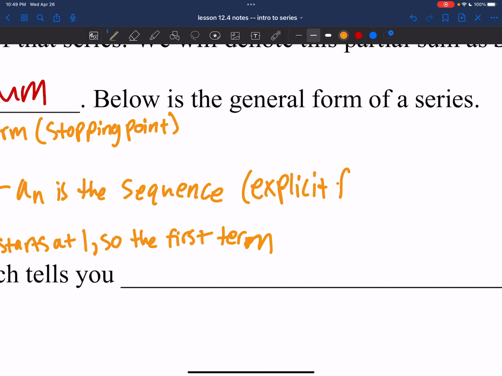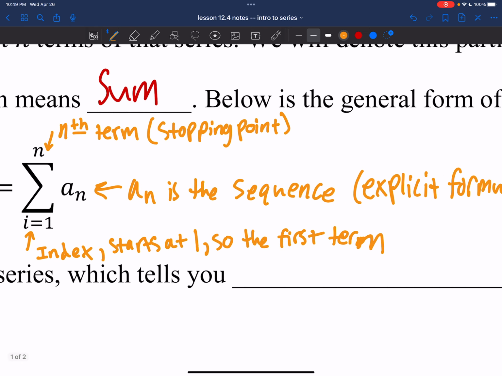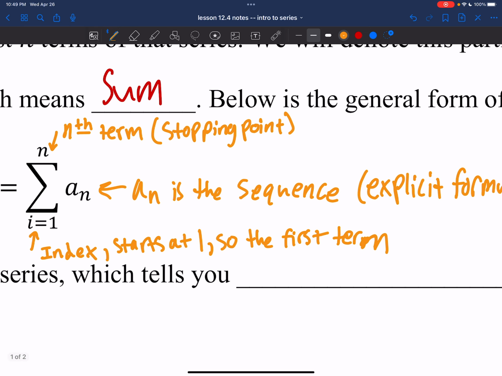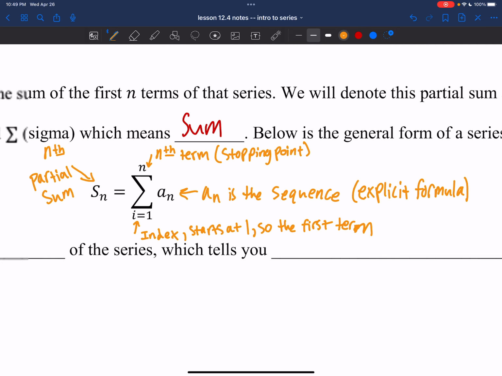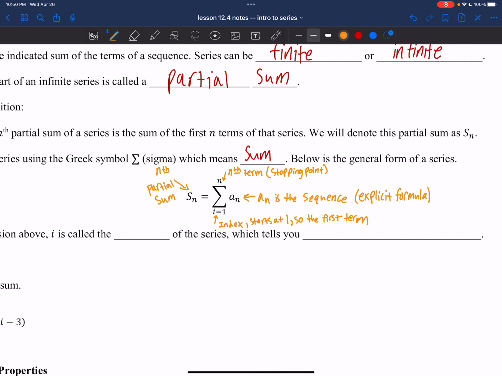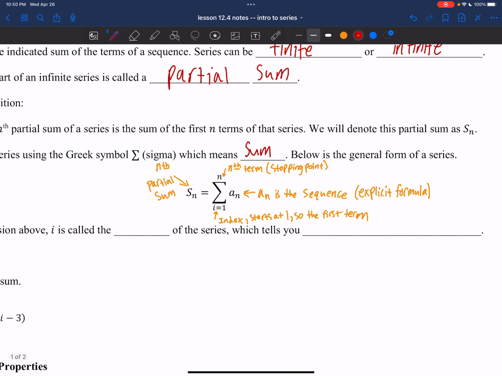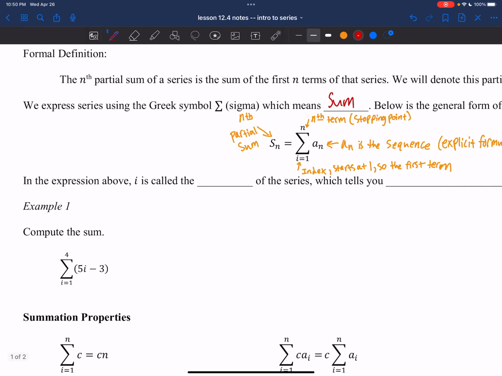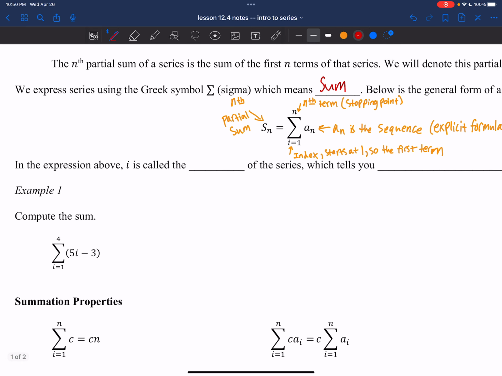If I have an explicit formula for that sequence a sub n, I'll replace that a sub n with that formula because then I can actually carry out the calculation. Okay? So that's what all those pieces mean. I know that's maybe intimidating right now, but you use these enough, you'll be like, oh, no problem. I get what this is saying.